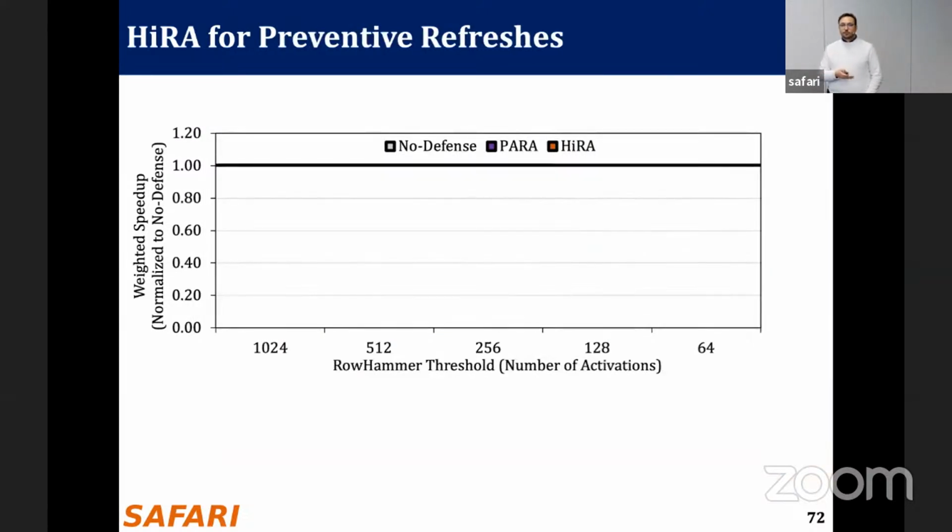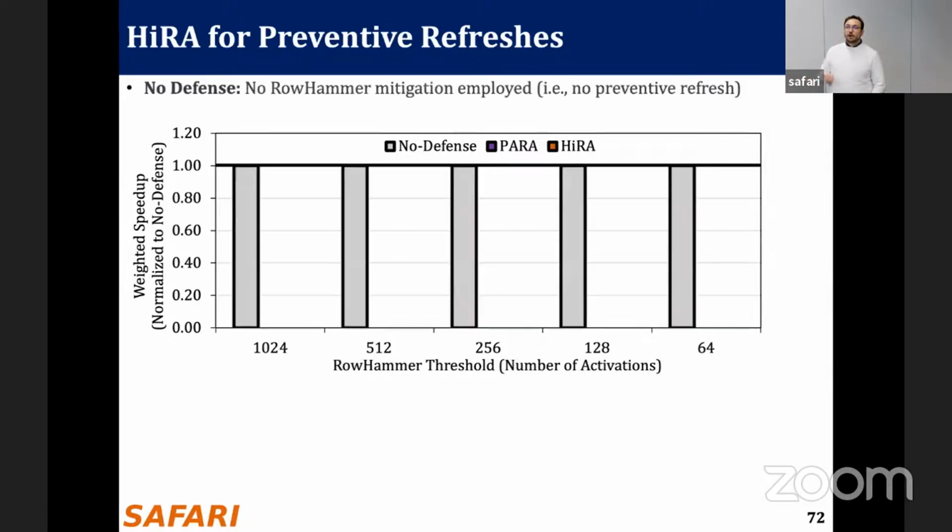Those were the results for periodic refresh. And now we look at the preventive refresh results. On the x-axis, now we scale the RowHammer threshold from 1024 down to 64. This is the minimum activation count you need to perform to induce a bit flip. So going from left to right, the threshold is decreasing. And the first bar I show has no defense.